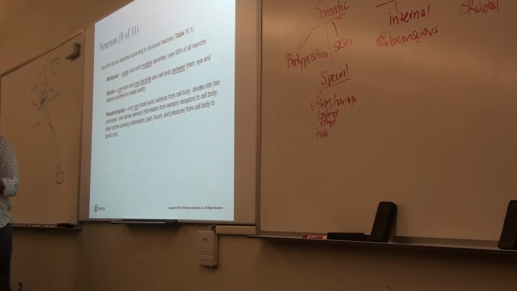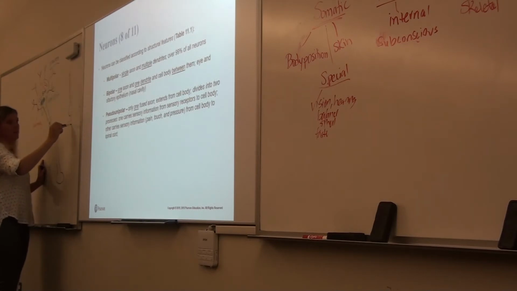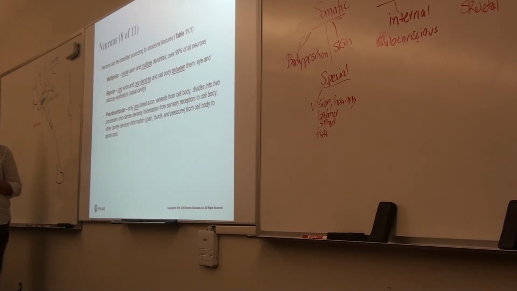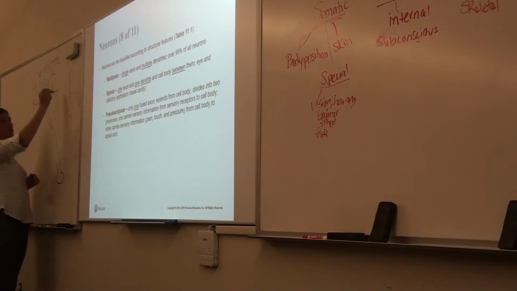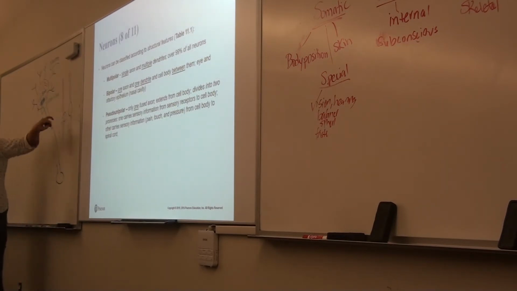Some of them are bipolar, some of them are unipolar or pseudo-unipolar. So bipolar would be where we have a cell body, an axon, and a dendrite, all in one line. A unipolar would be the same type of setup, but the cell body's off to the side.